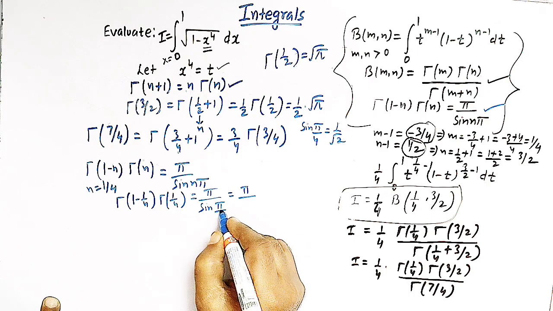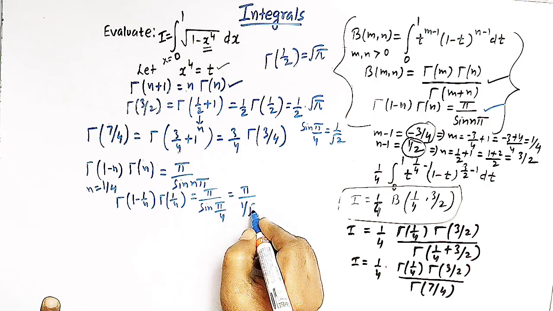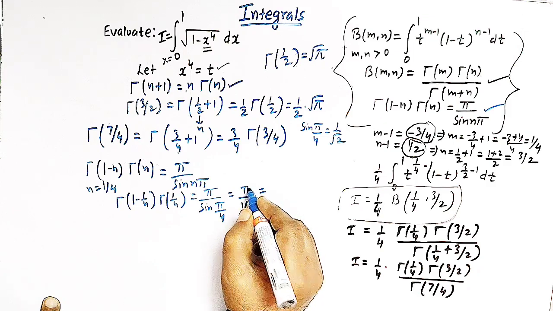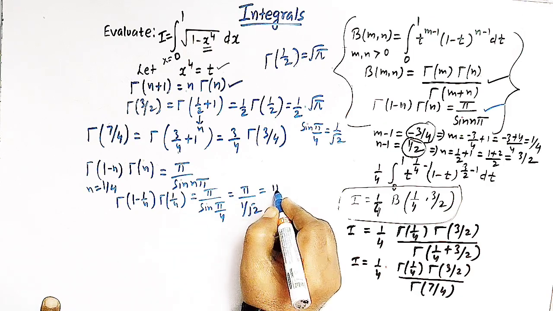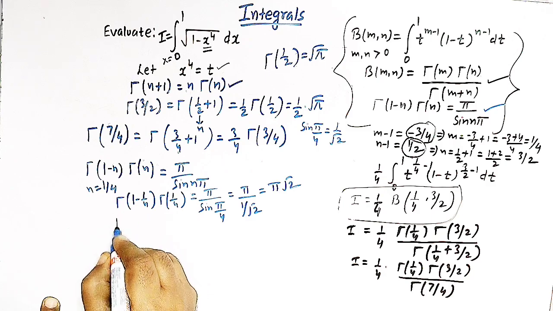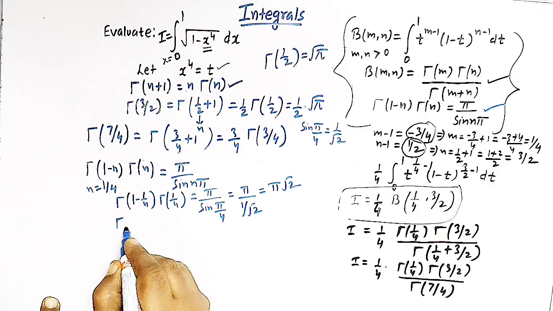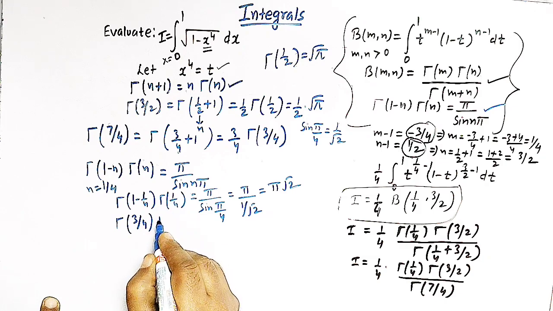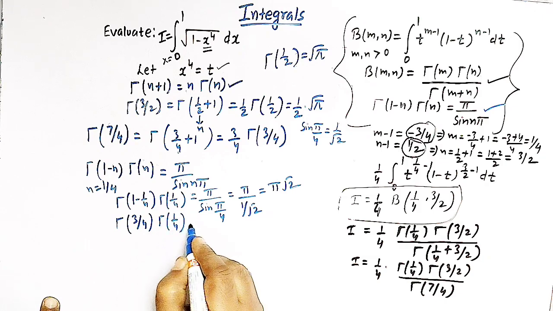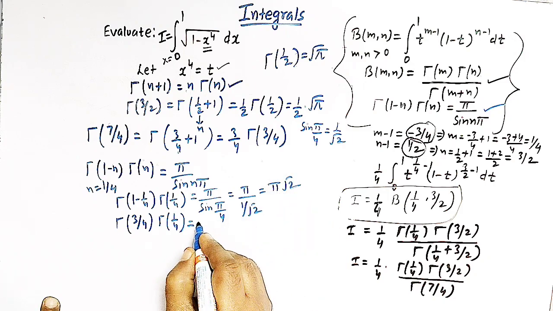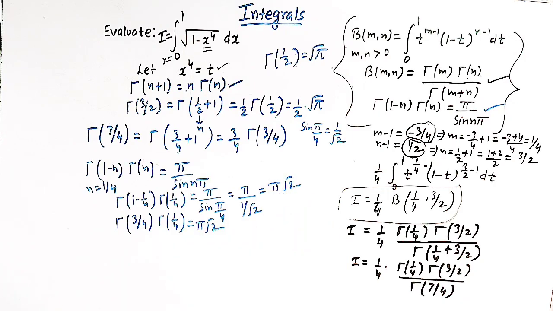So we can now write here 1 over root 2. So taking square root of 2 to the numerator, we can now write pi times square root of 2. So now here we have gamma 1 minus 1 by 4. So this is gamma 3 by 4. And here we have gamma 1 over 4. And in the right hand side, we have pi times square root of 2.